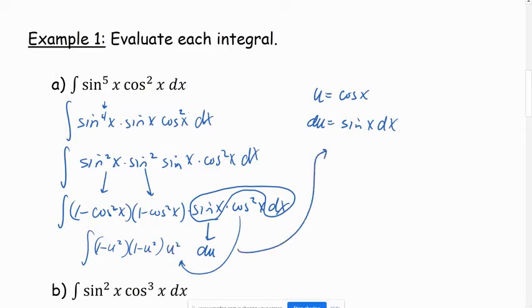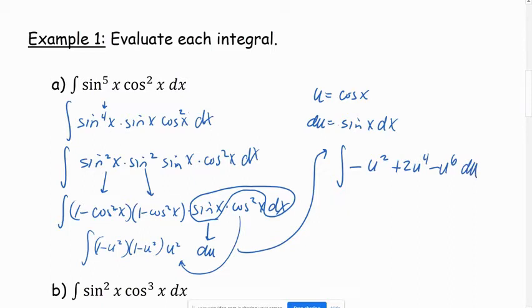If I simplify all that, we would end up with negative u squared plus 2u to the fourth minus u to the sixth du.